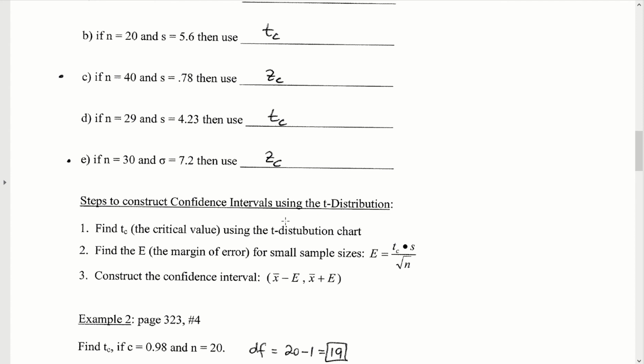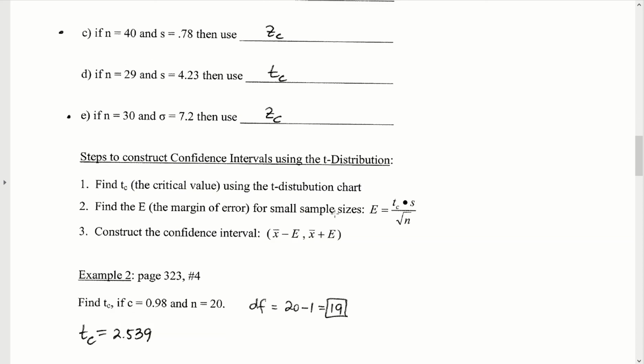The next thing we're going to do is construct confidence intervals by using this t-distribution. And the methods that we're going to employ will follow identically to those we just used back in 6.1. We want to pick a sample from the population. We can calculate the mean of our sample. That'll be x bar.